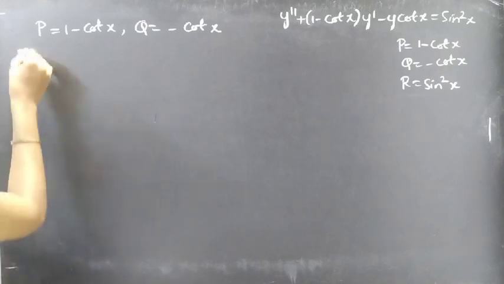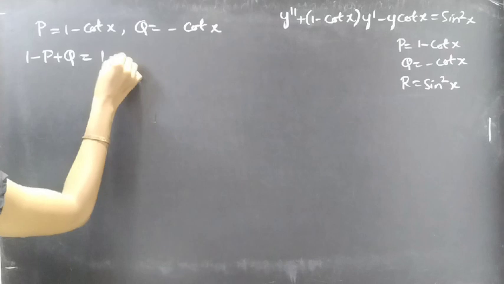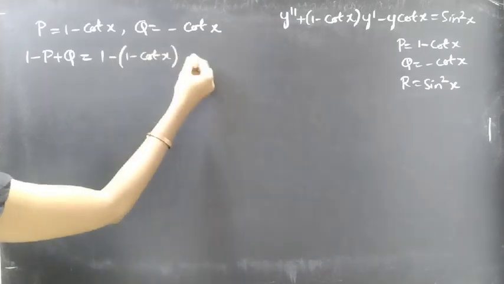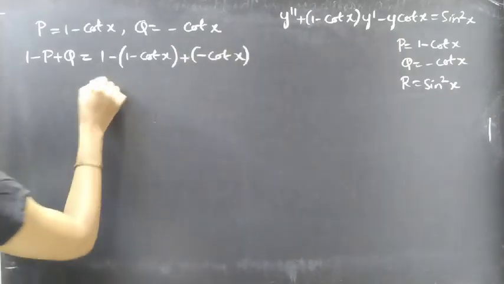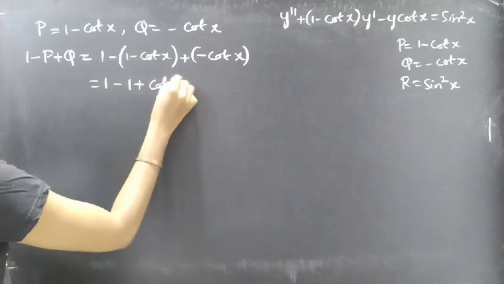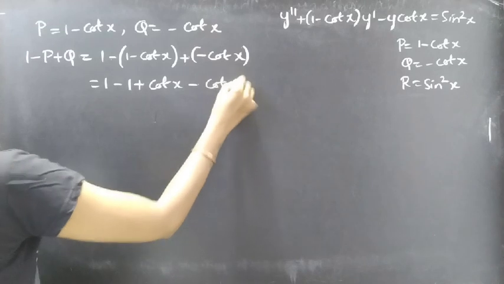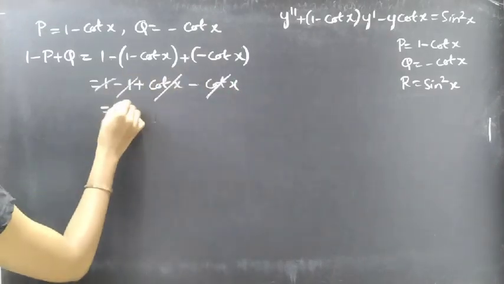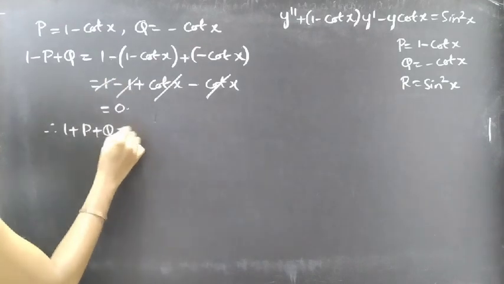So let's try 1 - p + q. That is 1 - (1 - cot x) + (-cot x), which equals 1 - 1 + cot x - cot x. Here the -cot x and +cot x, and the -1 and +1, get cancelled. This equals 0, right?